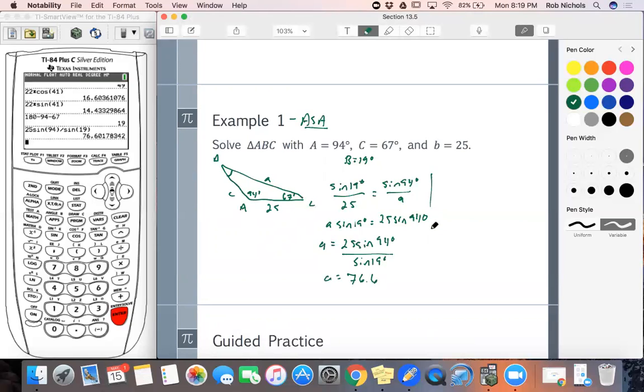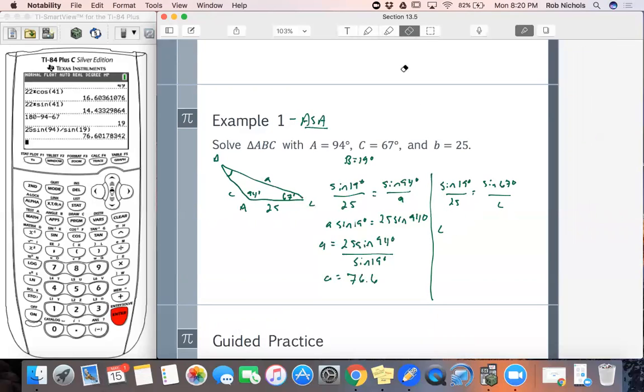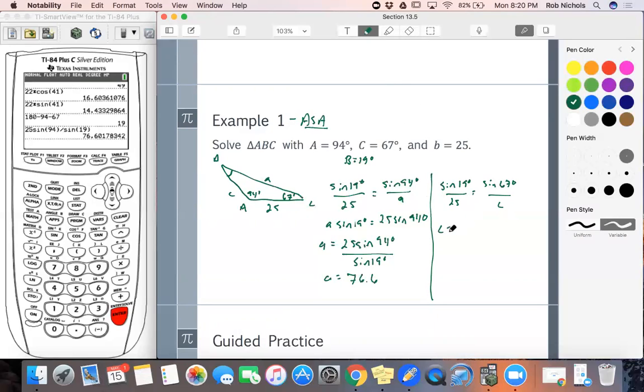All right, now let's solve the other one. I'm going to use the first ratio again. So sine of 19 degrees over 25 equals, now let's go to C, sine of 67 degrees over C. Cross multiply. So C times the sine of 19 degrees equals 25 times the sine of 67 degrees.